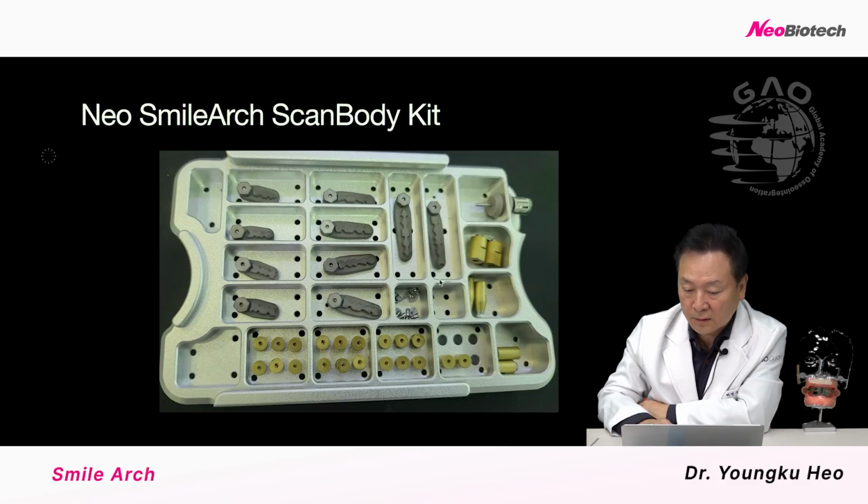This is what the scan body kit looks like. We have different lengths of scan bar: short, medium, long, and we have different types of scan post.